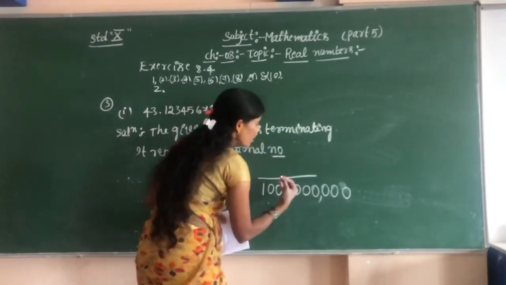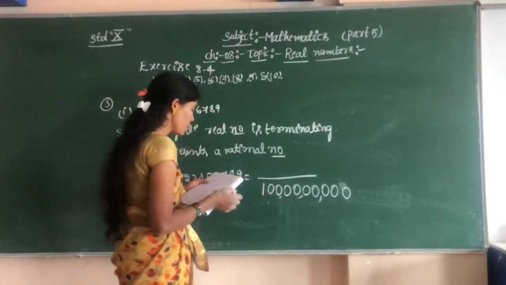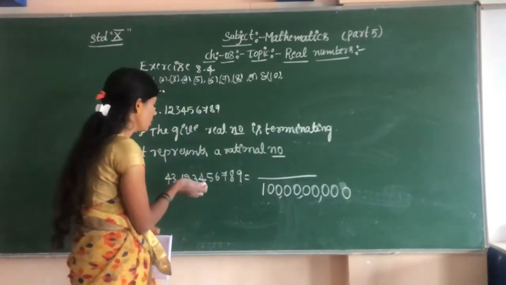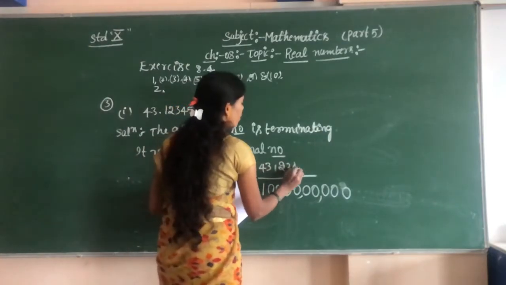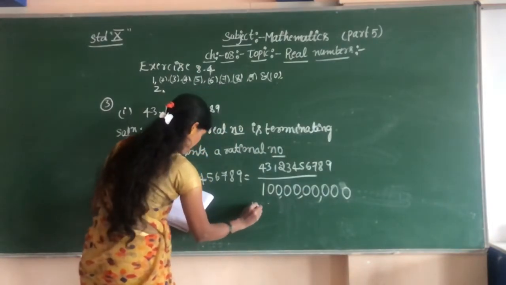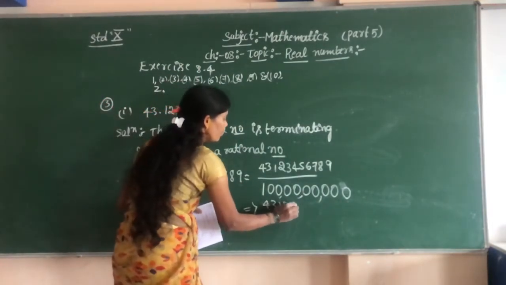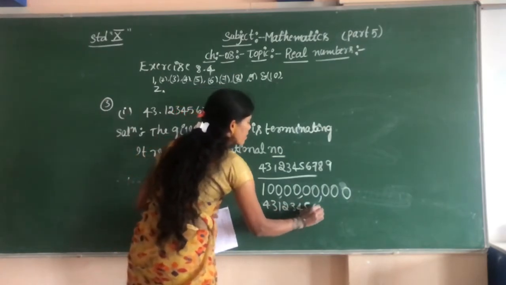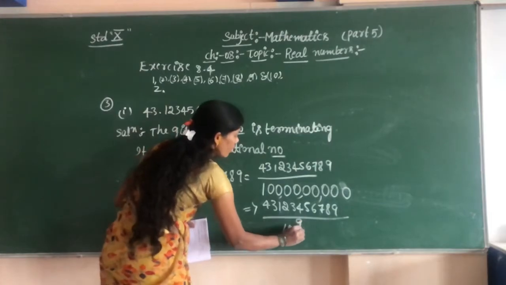We should put point 0. Merging both, we get 43123456789 by 10 to the power of 9.